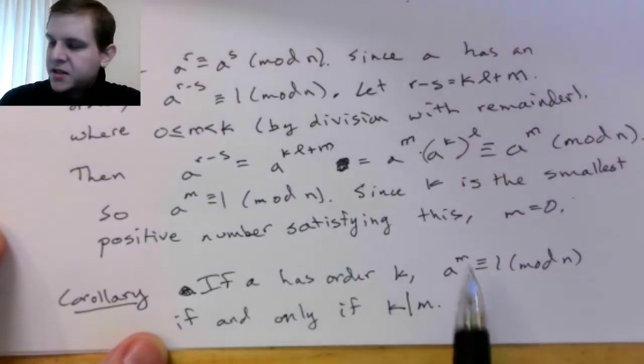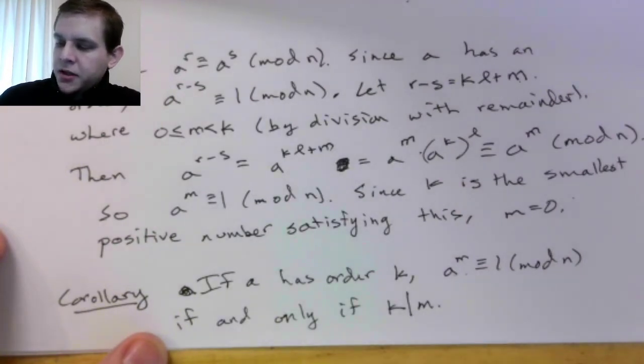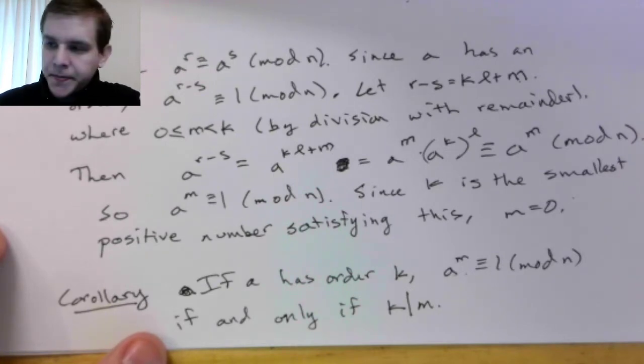So the only things that get you back to 1 are multiples of the order.